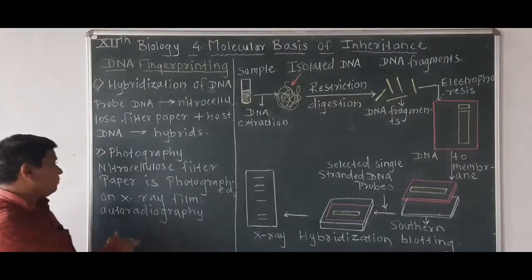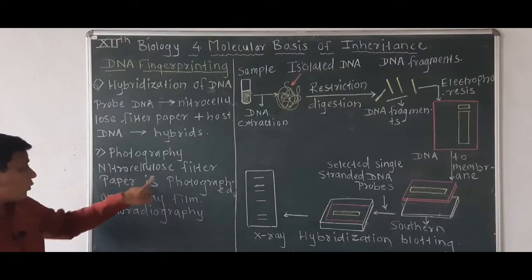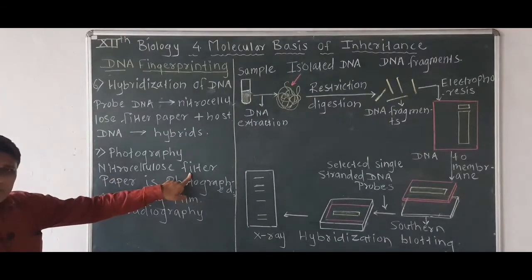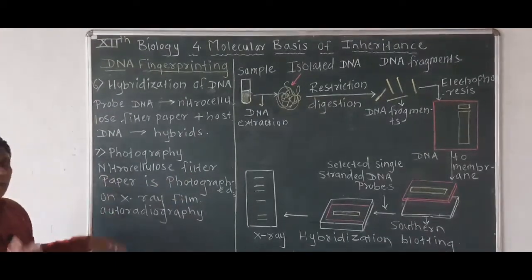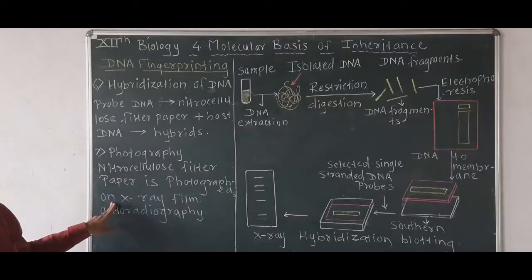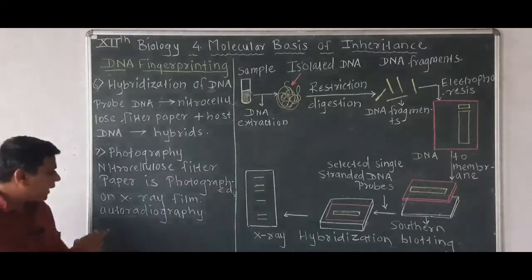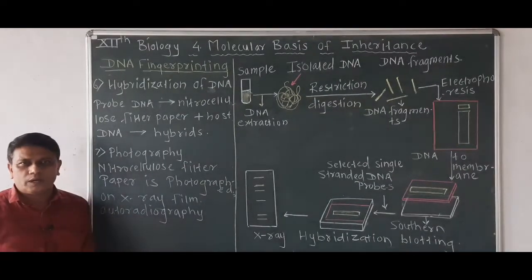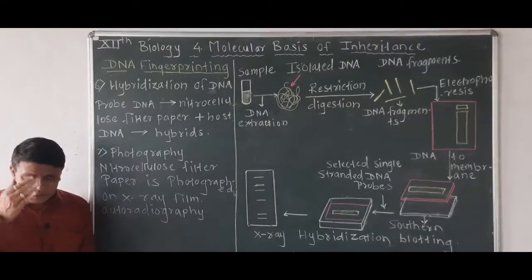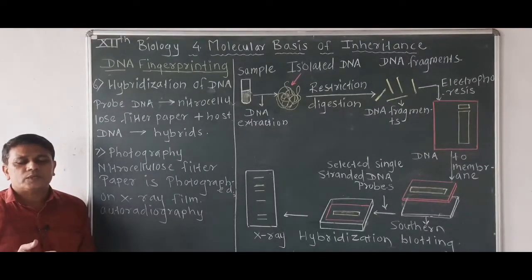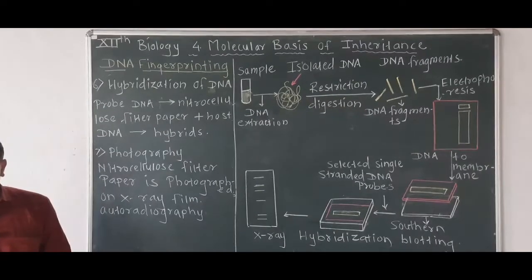That means the nitrocellulose filter paper which contains hybrid DNA is photographed on X-ray film, and the technique is called autoradiography. So these are the different steps in the process of DNA fingerprinting.